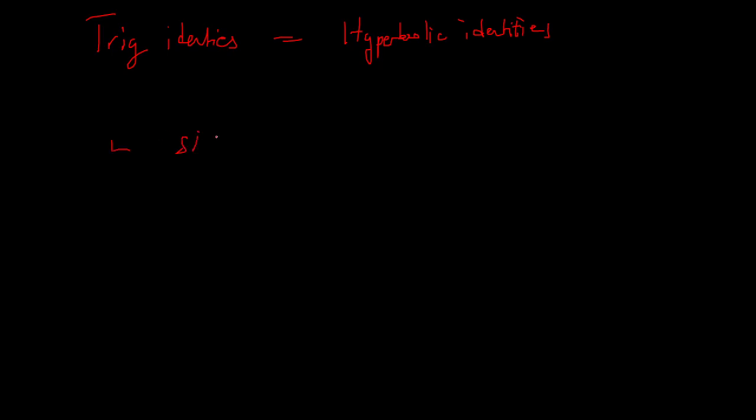Whenever you multiply a sine times sine, there is a sign change. Basically that means you have to multiply by negative 1.